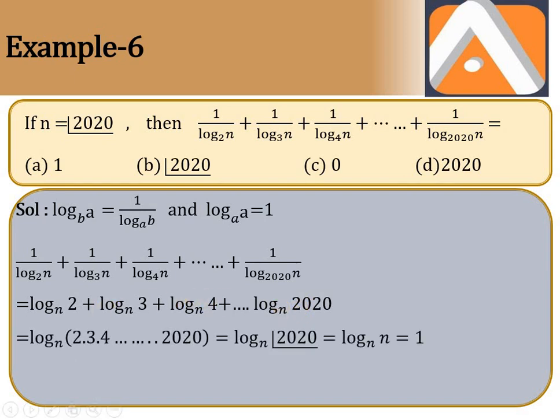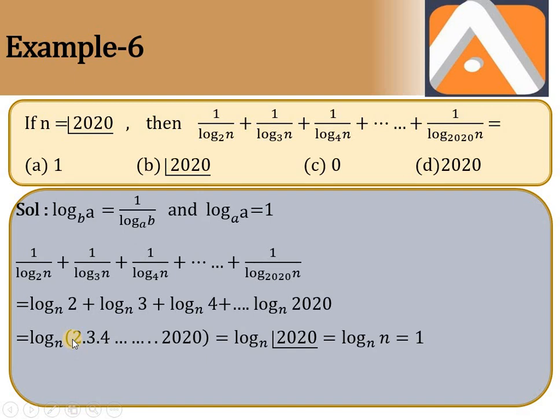If I apply the log m plus log n formula, it becomes log mn. So by using this formula, I entirely combine all these logarithms into one logarithm. It becomes log of 2 into 3 into 4 up to so on 2020, to the base n. Here nothing is there, which means 1 is also there, so if I multiply with 1, there is no problem.